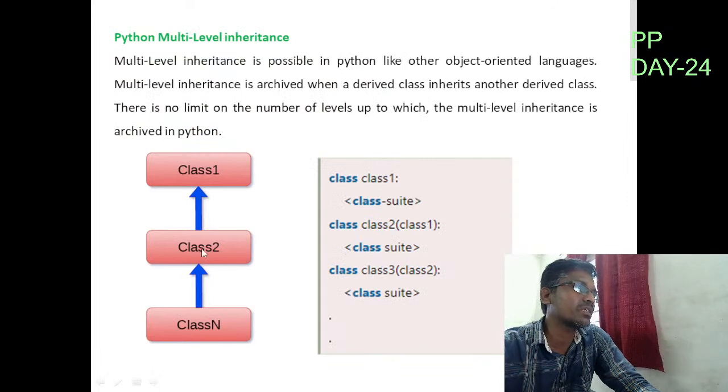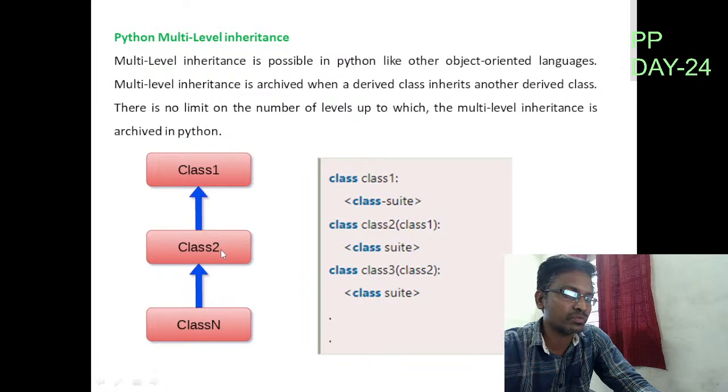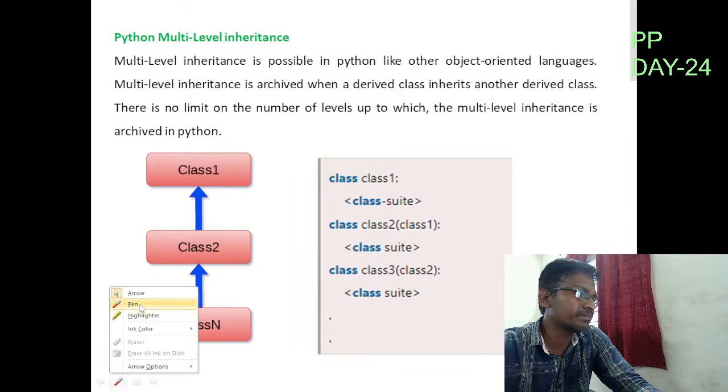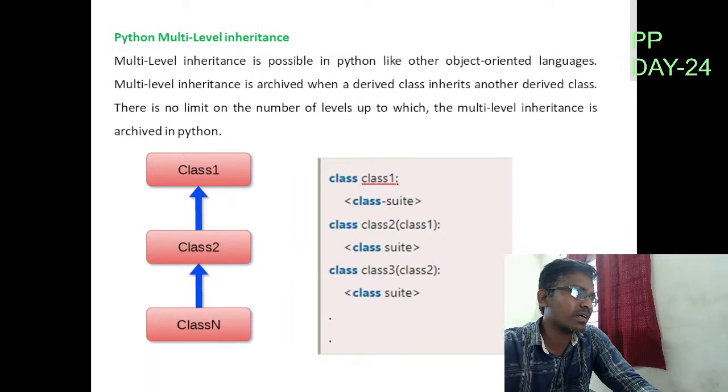So this is multi-level inheritance. This is class 1, a base class, and this is a subclass, and again this is a subclass of class 2. For example, class followed by class 1, colon, and the body of class 1.